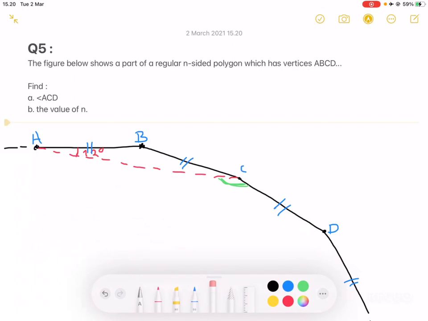So since we found this to be 156 degrees, this whole bit must be equal to 156 degrees. And from the diagram before, we know this angle is 12 degrees, and therefore this green angle must be equal to 156 degrees minus 12 degrees, which is 144 degrees.